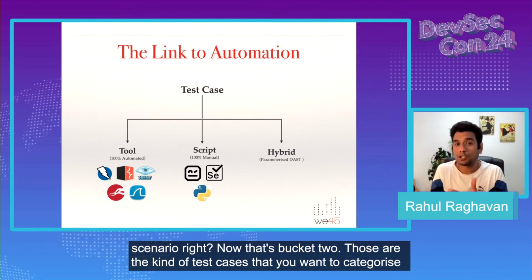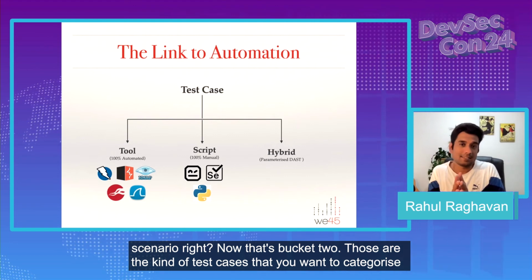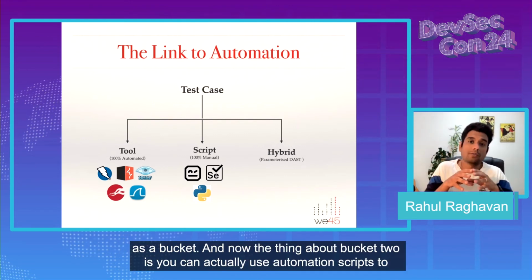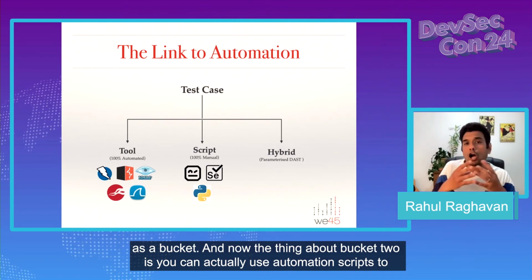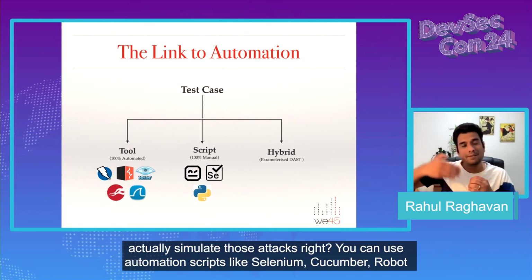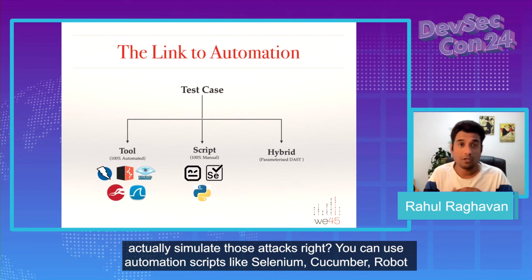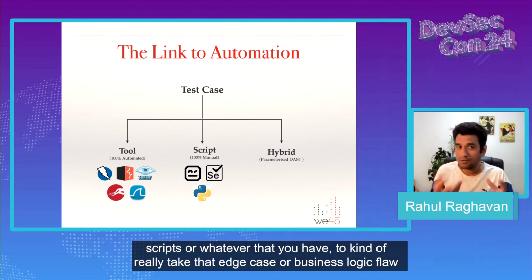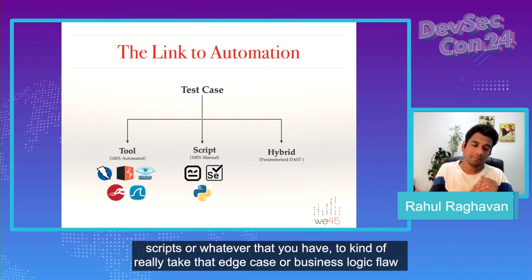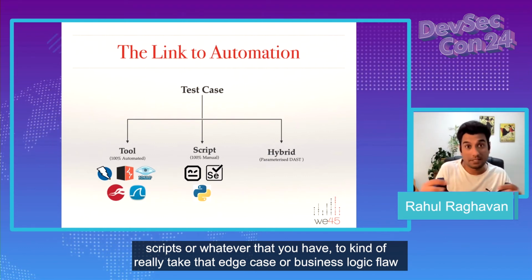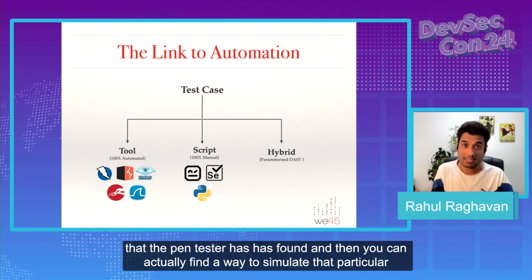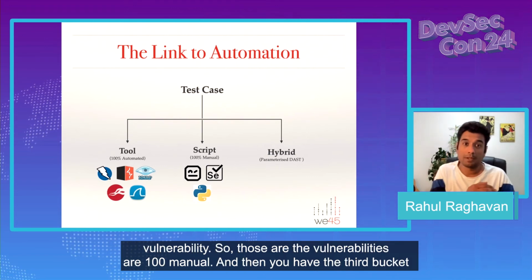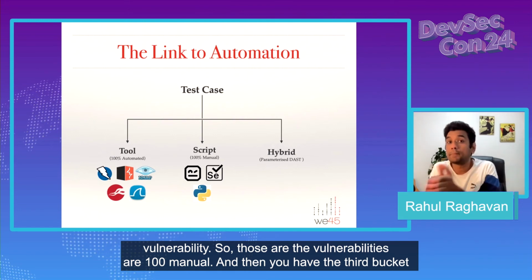Those are the kind of test cases that you want to categorize as bucket 2. And the thing about bucket 2 is you can actually use automation scripts to simulate those attacks, right? You can use automation scripts like Selenium, Cucumber, robot scripts, or whatever you have to take that edge case or business logic flaw that the pen tester has found, and then find a way to simulate that particular vulnerability. So those are the vulnerabilities that are 100% manual.